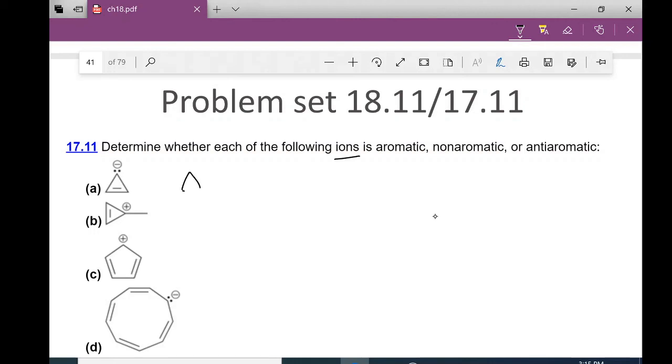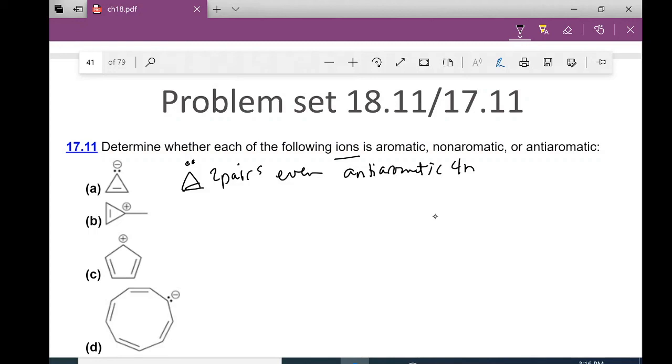So for this molecule, we have 2 pairs of electrons, and so that's even, even though it's in a ring. And so that's going to be anti-aromatic because it meets the 4n rule. It's not 4n plus 2, so that makes it anti-aromatic.